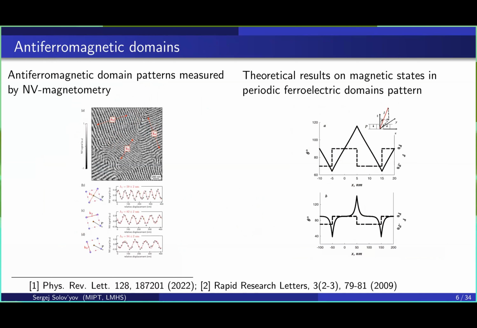I don't have much time, but let's say we consider a periodic ferroelectric structure, which was previously considered a decade ago by Professor Gareeva and Zvezdin. We tried to reconsider this case using the global optimization method.